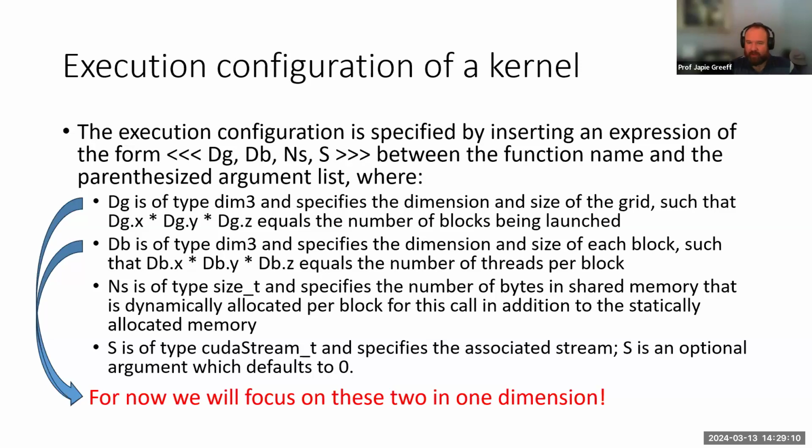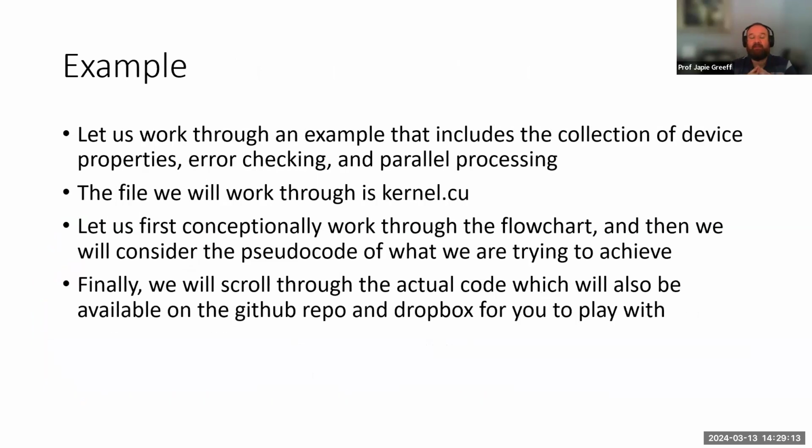So the example that we're going to use is effectively doing 2 things. It's a simple program that is going to allow us to collect device properties, so we can learn more about the CUDA device that we're working with. And it's going to do a bit of parallel processing in the form of vector addition. Okay. First, we're going to conceptually work through this in the form of a flowchart, where we will look at which specific parts run on the device and which specific parts run on the host.